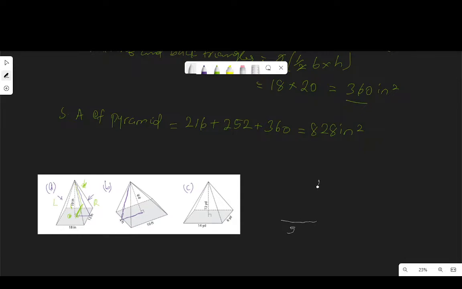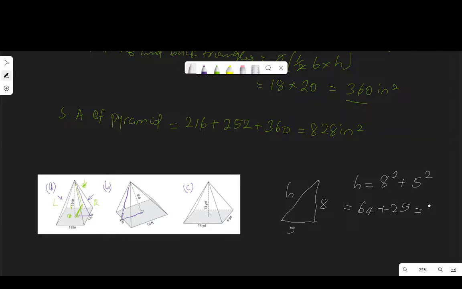And then the vertical height, which is given here, 8 feet. This slant height, which forms the height of this triangle, is what we are looking for. Let me call it h. So using Pythagoras, h squared will be 8 squared plus 5 squared, which is 64 plus 25.